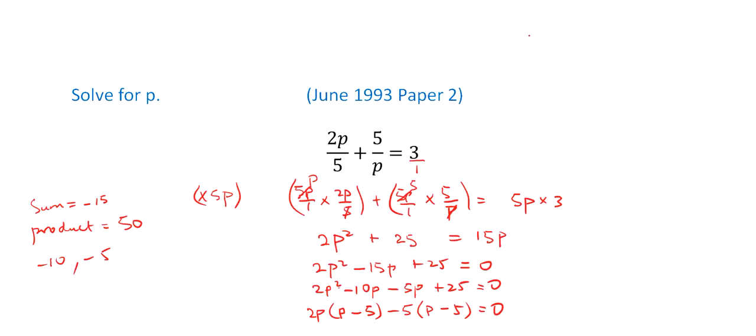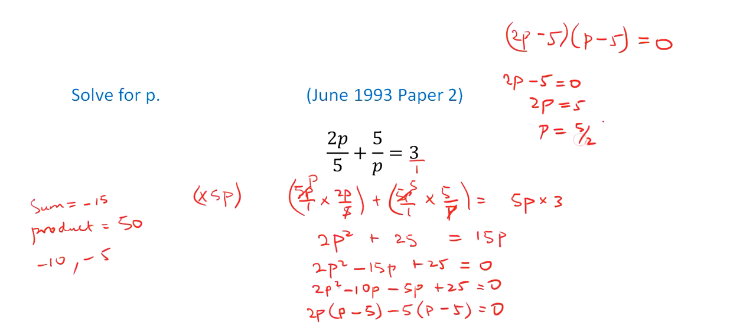So I'll just continue with this on top here. So this will be 2p minus 5 into p minus 5, which is equal to 0. Right? So when we have an equation like this to solve, we can say that 2p minus 5 is equal to 0, 2p is equal to 5, and therefore p is equal to 5 over 2.